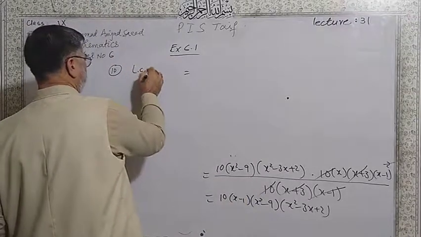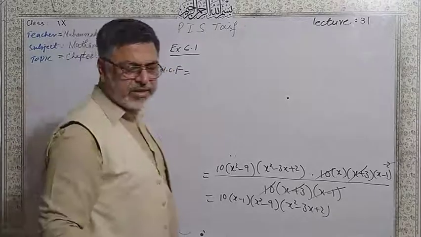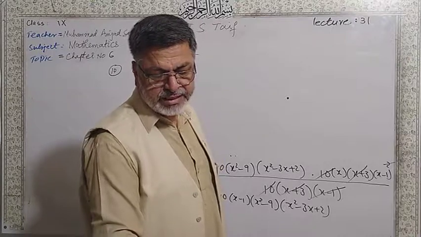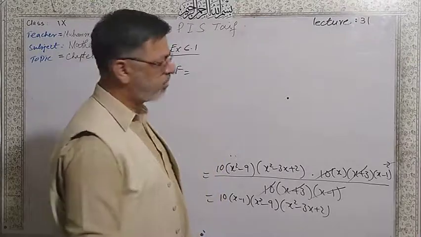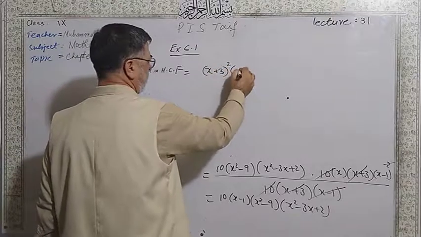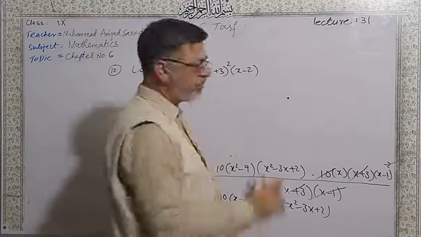Product of LCM into HCF is given as x plus 3 square, x minus 2, x plus 3 square, x minus 2 into x plus 5.